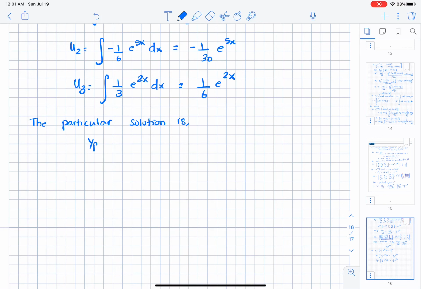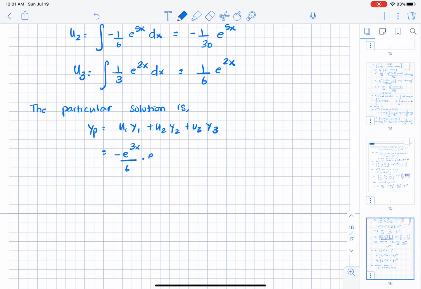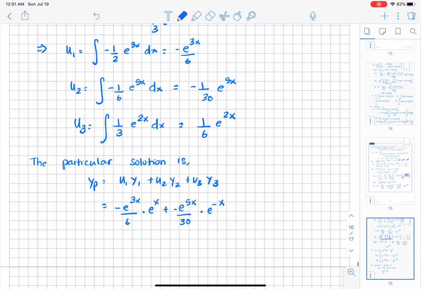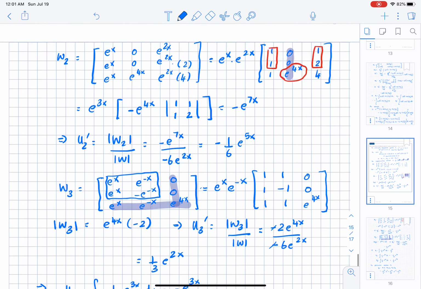So the particular solution here is yp equals u1 y1 plus u2 y2 plus u3 y3. So we have negative e raised 3x over 6 times e raised x, plus negative e raised 5x over 30 times e raised minus x, plus e raised 2x over 6 times, what was it?